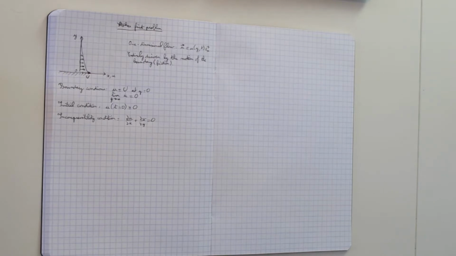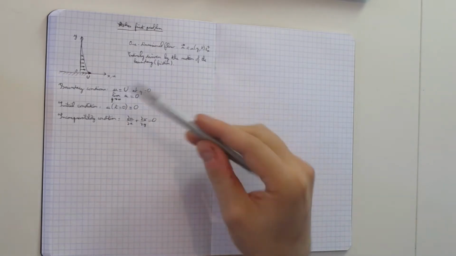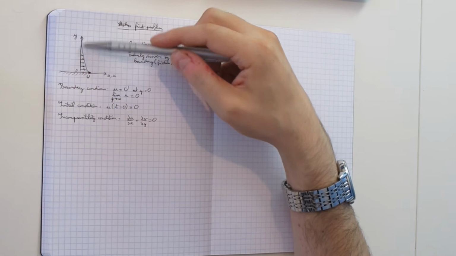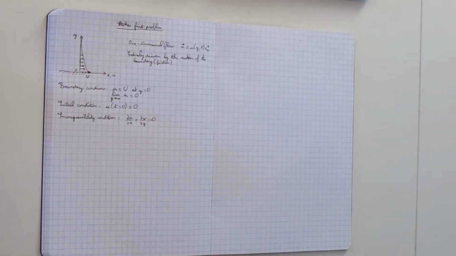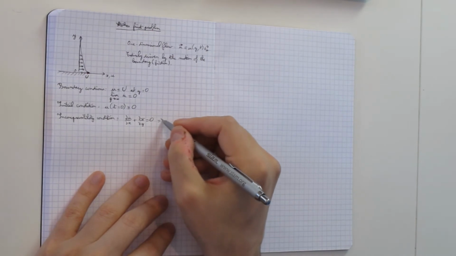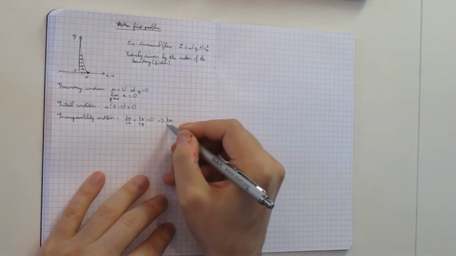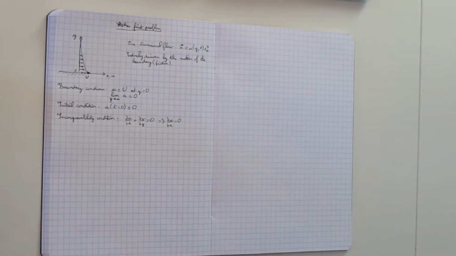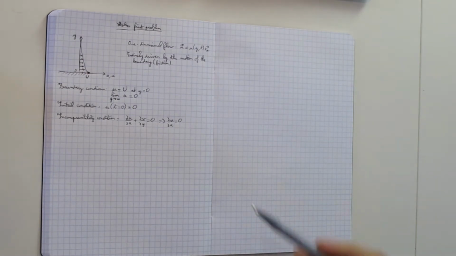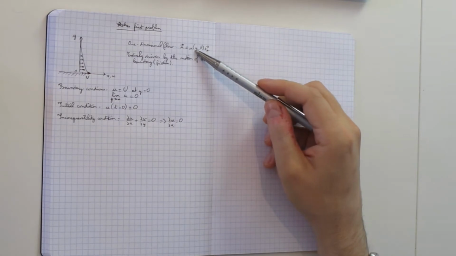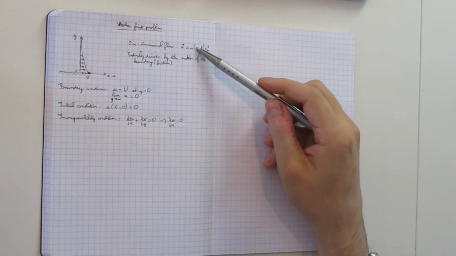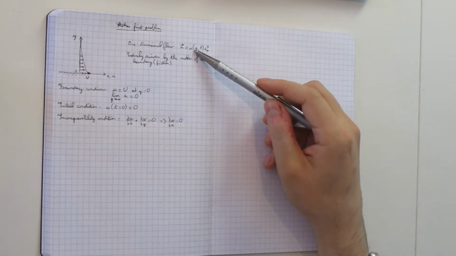You can observe there that because there's no flow in the y direction, there's no v velocity, this is automatically 0, and therefore du dx equals 0, which in essence means that u does not depend on x.